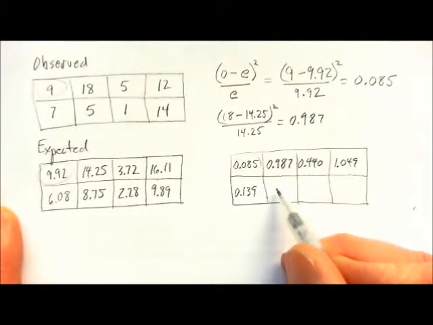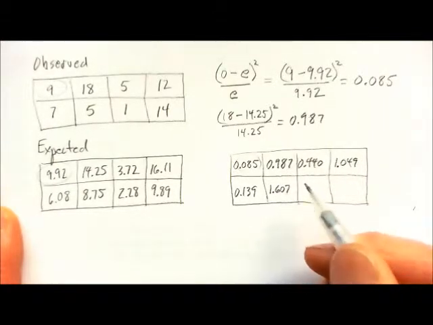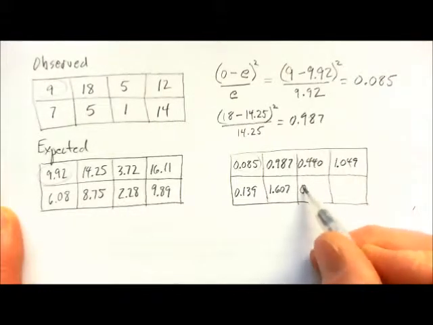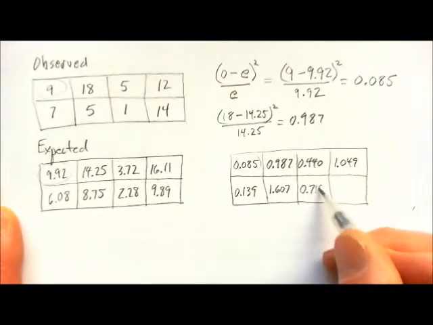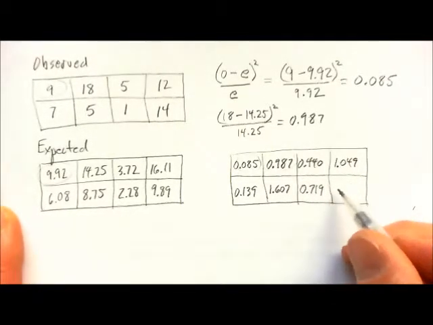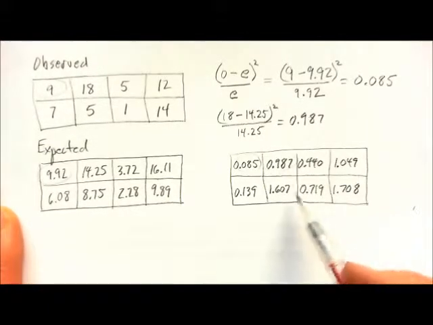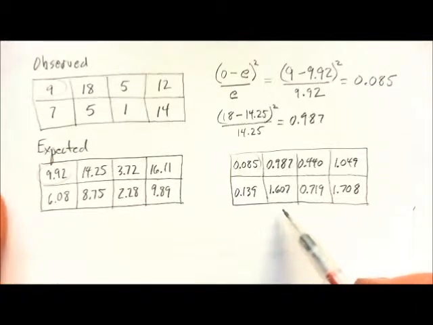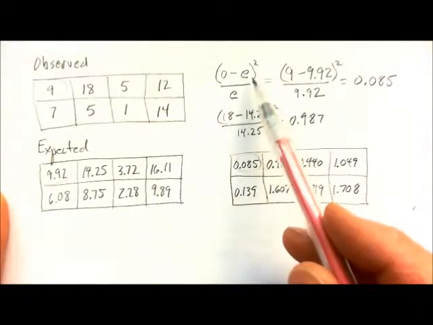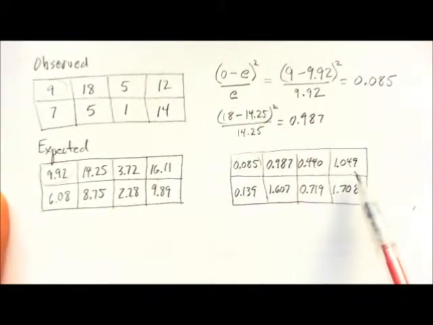This one will be 1.607. Here we have 0.719 and 1.708. Now there's no names for these values.